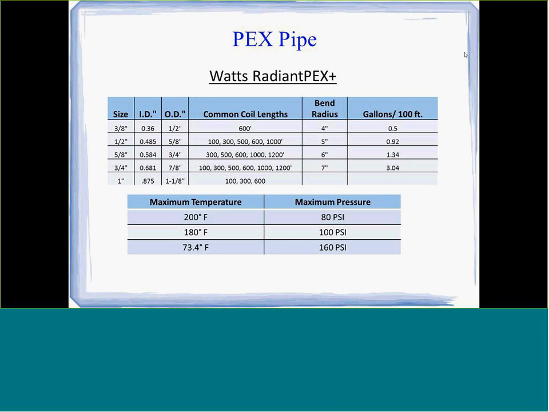PEX pipe has a maximum temperature of 200 degrees at 80 psi. Most of the systems we work with are running at about 12 to 15 psi, so the pressure isn't a problem for us. The temperature could be, depending on the application. So PEX pipe is rated at 200 degrees maximum.